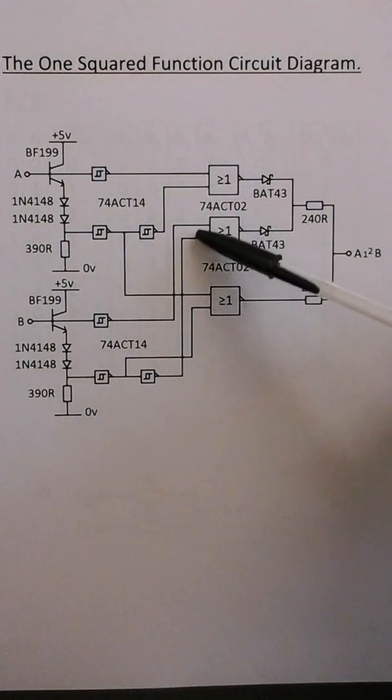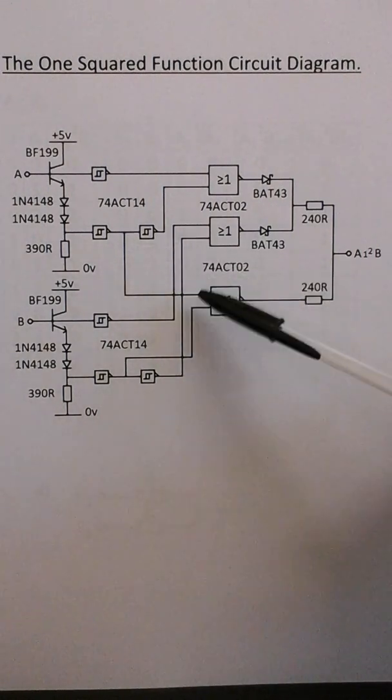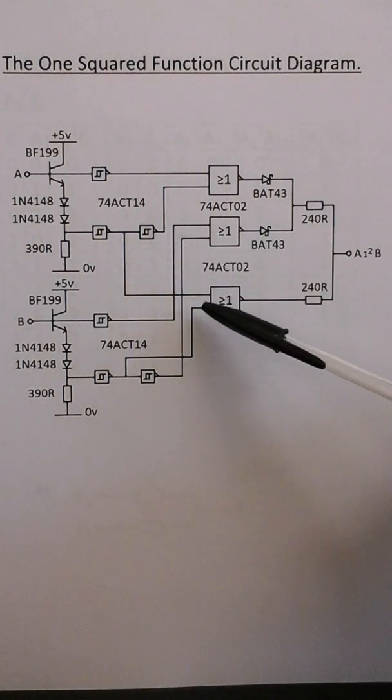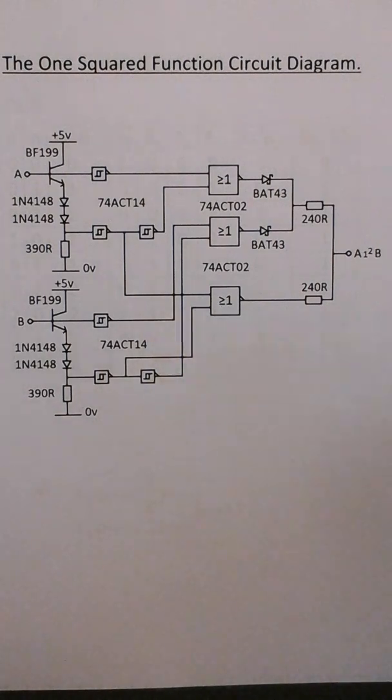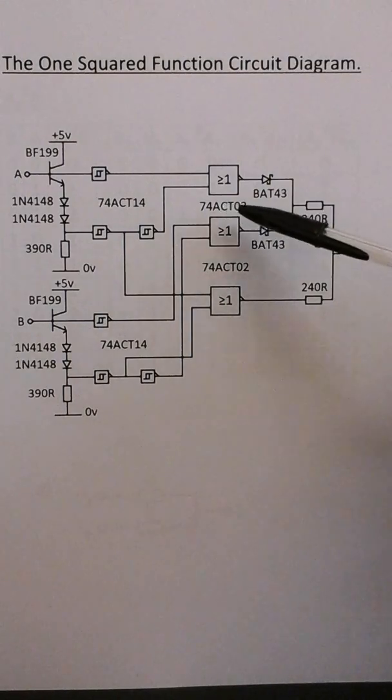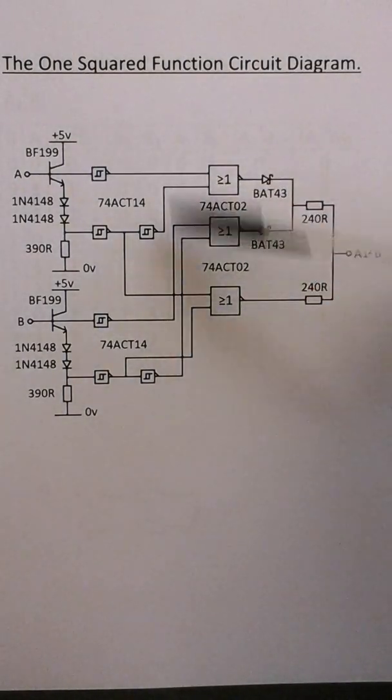This is not B1, not B2. And this is not A2, not B2. Again, 240 ohm resistors for the output. And this is the output A1 squared B. These are NOR functions, which is 74ACT02, and Schmitt triggers 74ACT14.